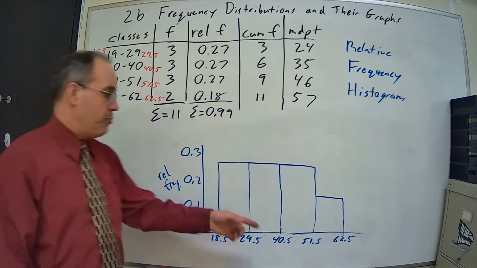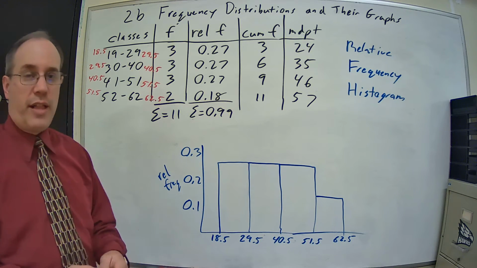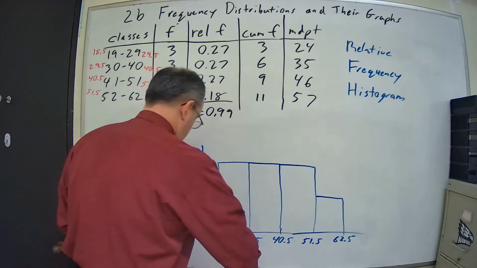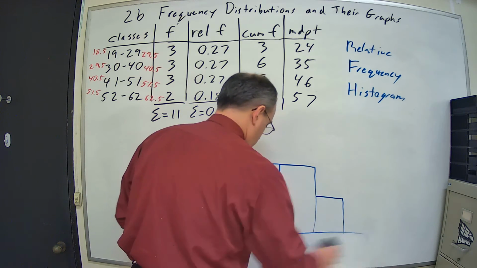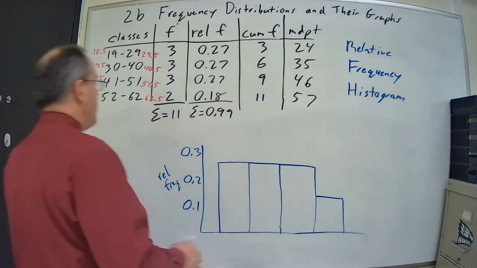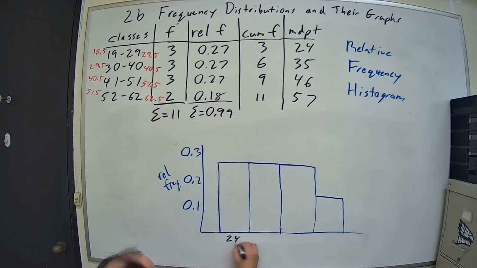Again, that could be done with the midpoints instead of the class boundaries. If I did that, and I'm just going to use the magic of a whiteboard here, then this would be centered over 24, 35, 46, and 57.